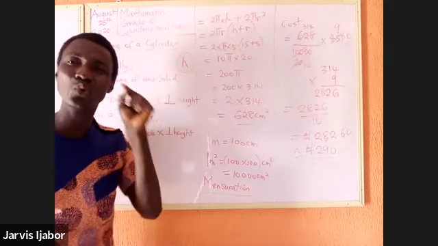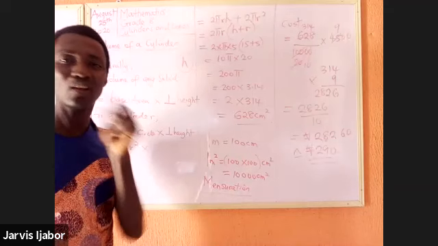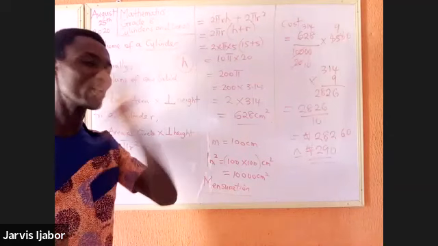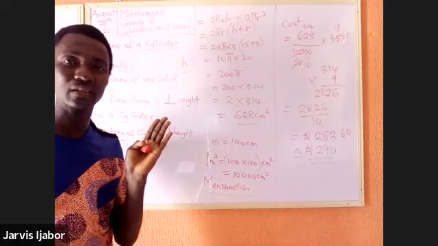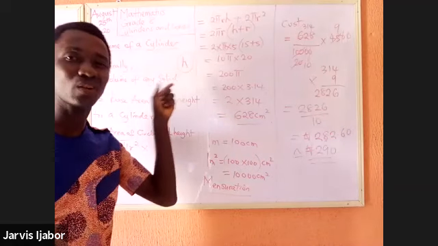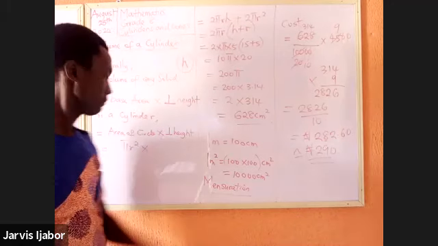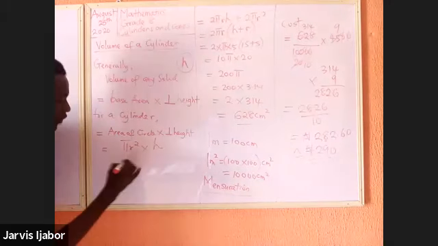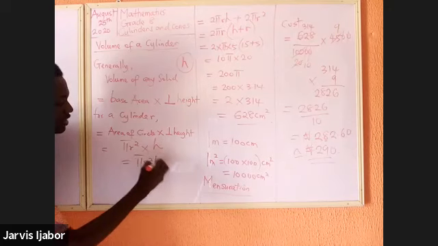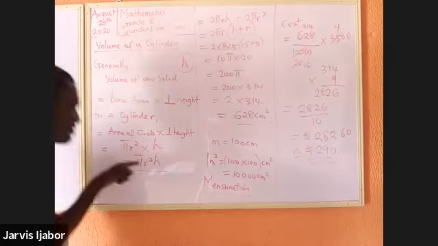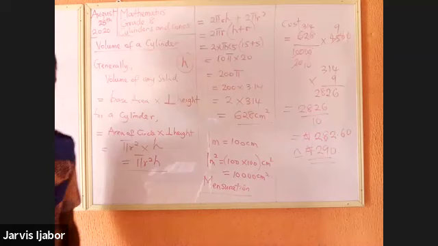You need to know these codes. They are not there for fun. Math is a very organized and orderly subject. So that will be times H. So the formula becomes pi r squared H. This formula has a very good interpretation mathematically.